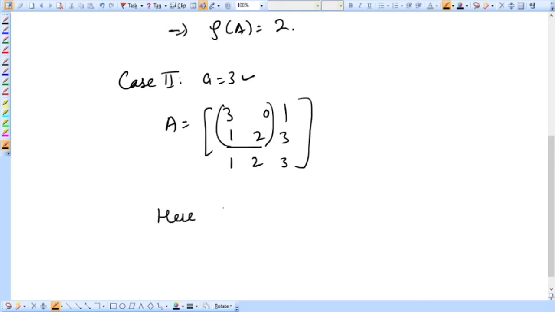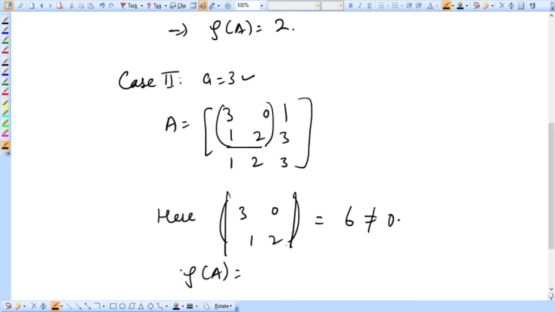Here you write 3 0, 1 2, the determinant of this is equal to 6 again, which is not equal to 0. Therefore the rank of A when a is equal to 3 is equal to 2 again. In this way we have found the rank of the given matrix.